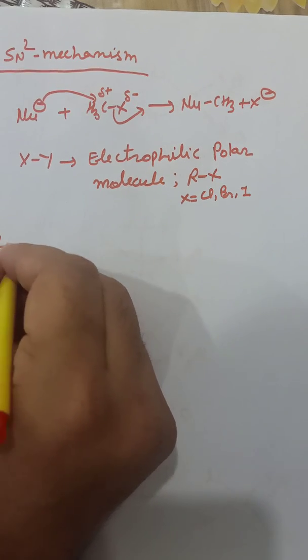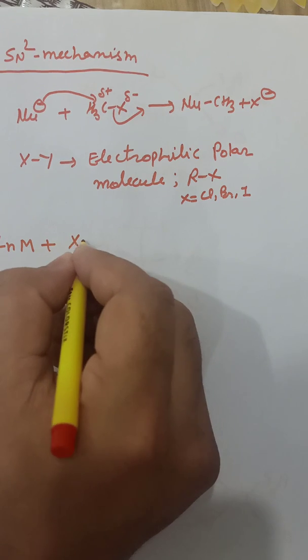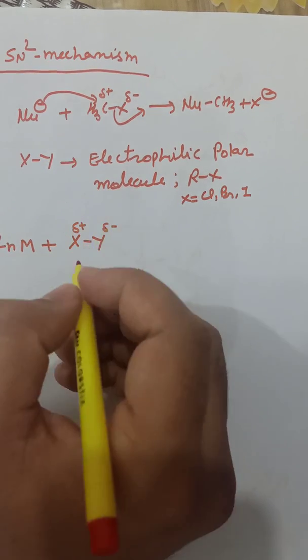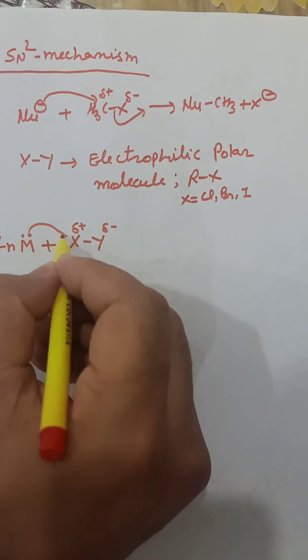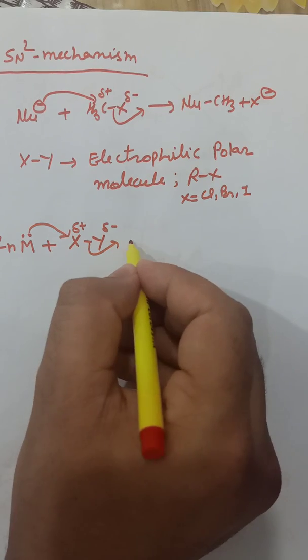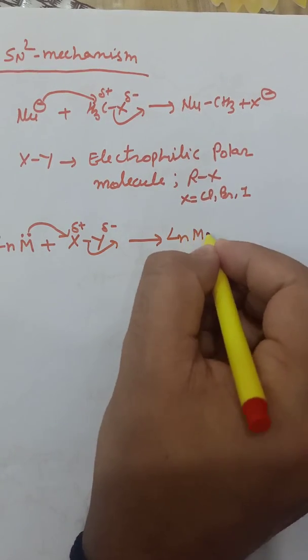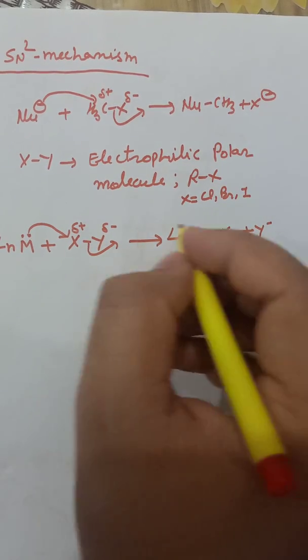I am again taking the same complex. This is LnM, and let's say we have this X and Y ligand. X has a partial plus charge and Y has a partial minus charge. Then this metal will attack here, Y leaves, and you will get the LnMX species plus Y minus.